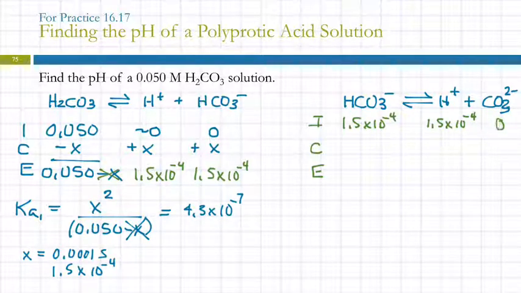Because this one is 0, the reaction can only go in the forward direction. So, bless you, we're going to lose X here, we're going to gain X there, and gain X here.